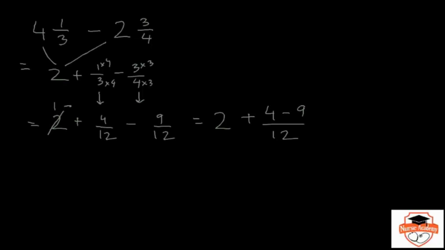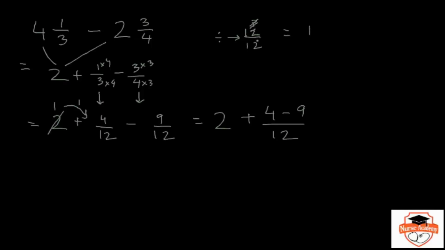The 1 whole that goes to this 4/12 can be written as how much over 12? In other words, what over 12 is equal to 1? Recall that this is nothing but division. So it's like saying a number divided by 12 is 1. And obviously that number has to be 12. 12 divided by 12 gives you 1.